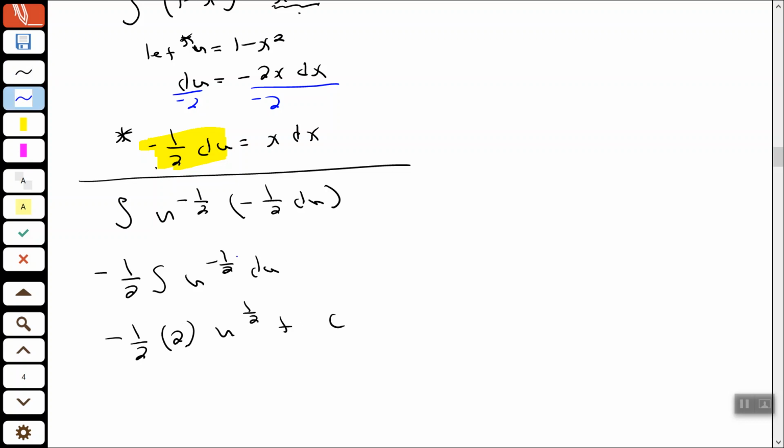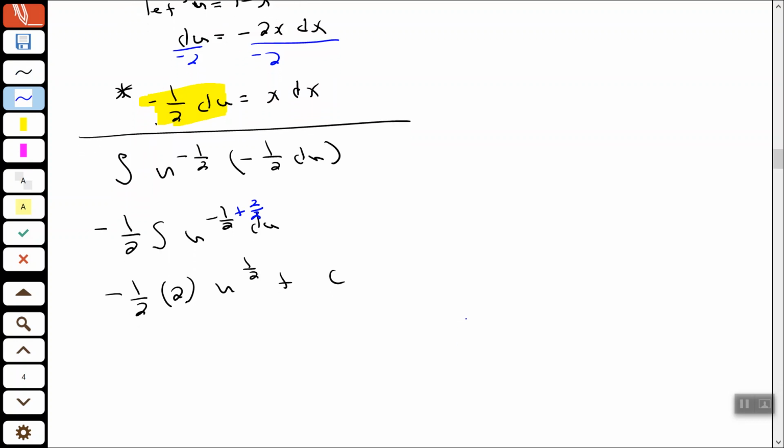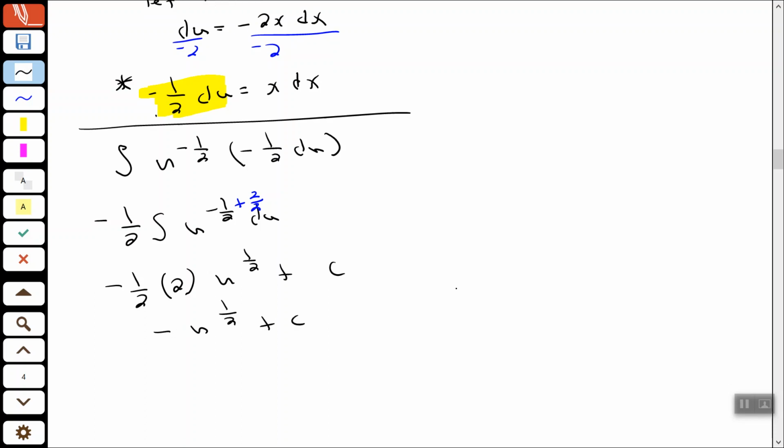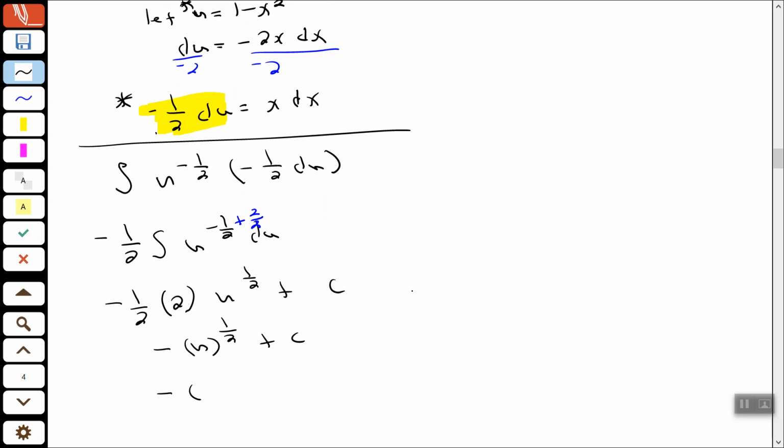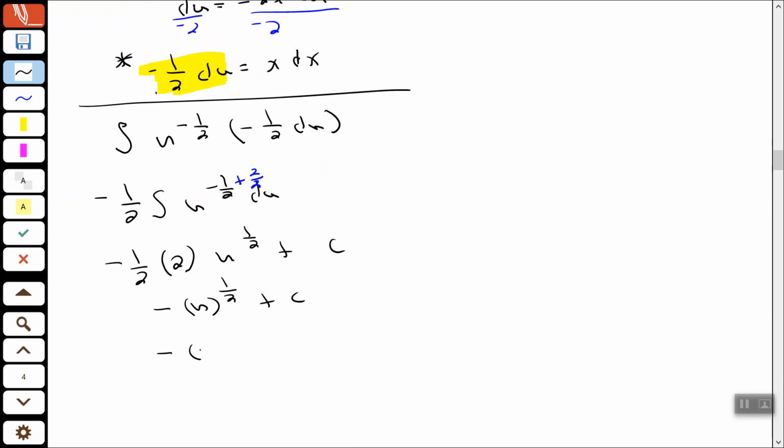So negative 1/2 of 2 is negative 1. So we have negative u to the 1/2 plus c. All right, and u is equal to 1 minus x squared.